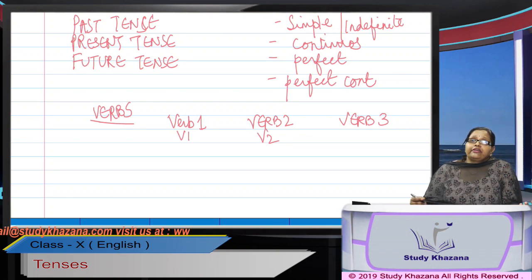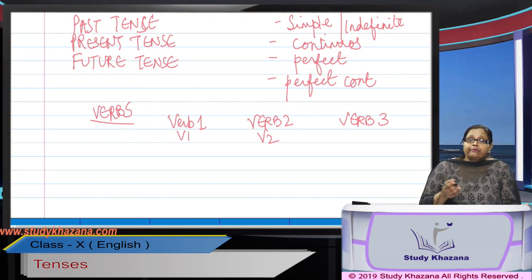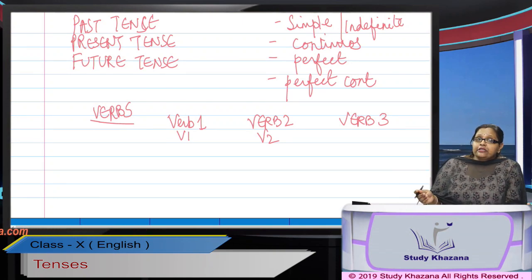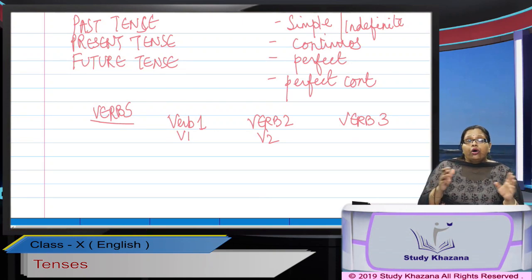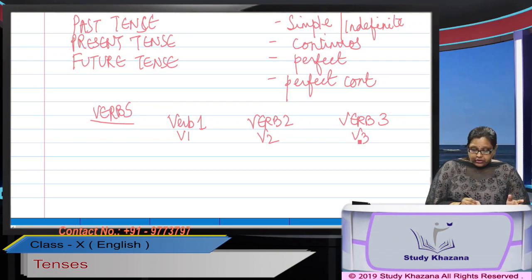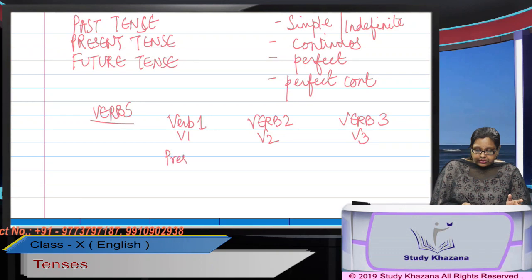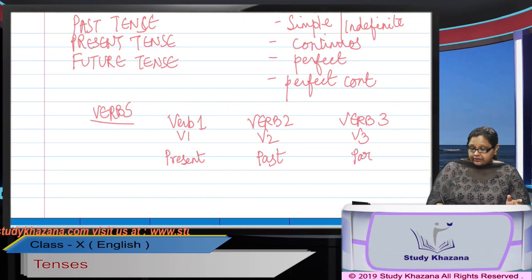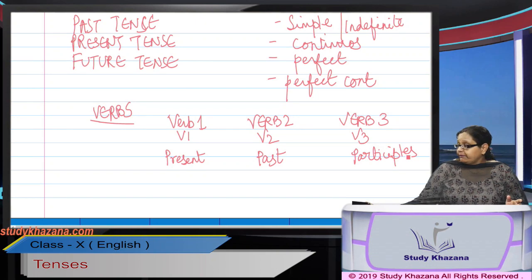Some call them V1, V2, V3. Some call them the three forms of verb: present, past and participles. So you should know all the names, all the synonyms for this. V1 denotes the present form, V2 denotes the past form, and V3s are the participles that we use for the perfect tense.